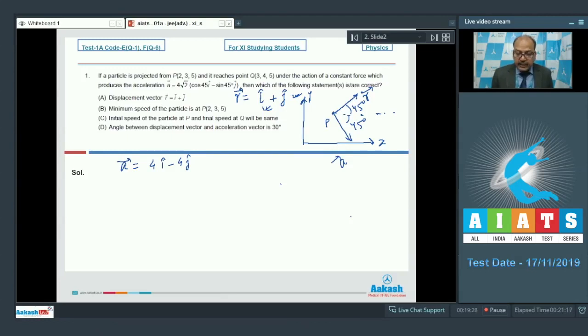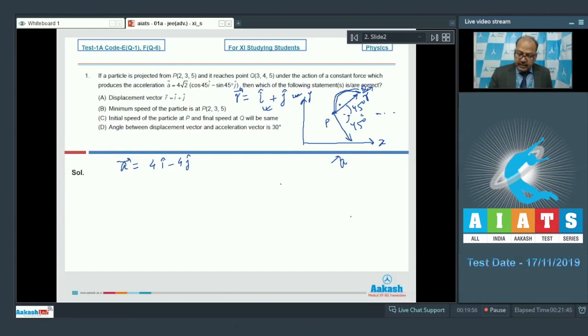Now it's very clear that the motion will be projectile motion, the path will be parabolic, and it will, let's say, be something like this. It starts from point P and let's say it ends at point Q. We can now relate to a normal projectile motion, right?